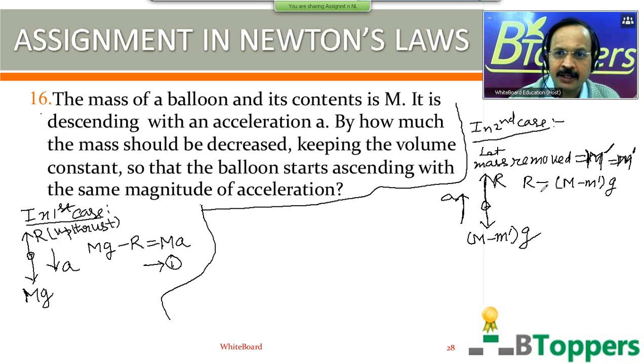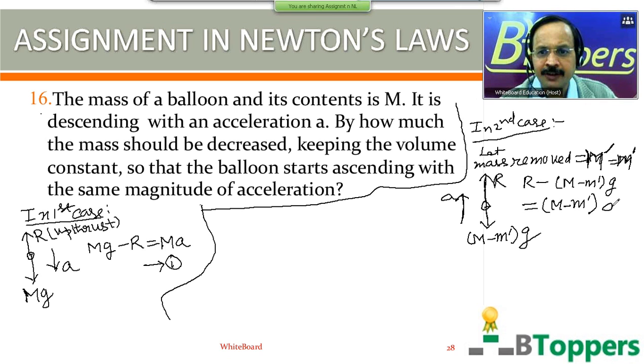From Newton's second law, the magnitude of the resultant force on the balloon in the upward direction in the second case is equal to the product of mass and magnitude of its acceleration. The mass of the system in the second case is m minus m dash. The magnitude of acceleration is again a. So you have to find m dash in terms of m, a and g. For that you have to eliminate R from the two equations.